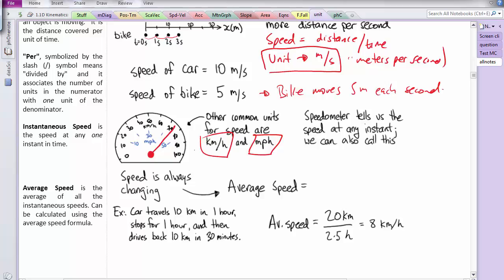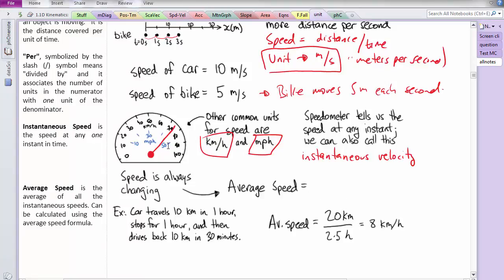It's really hard to keep an exact speed for a long time, no matter how steady you try to be. The speedometer tells us the speed at any instant. We can also call this instantaneous velocity. The velocity at any one instant in time is called the instantaneous velocity.